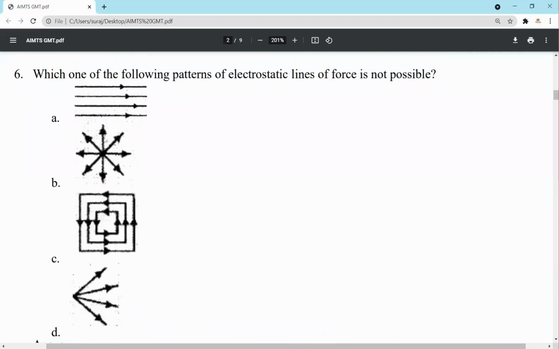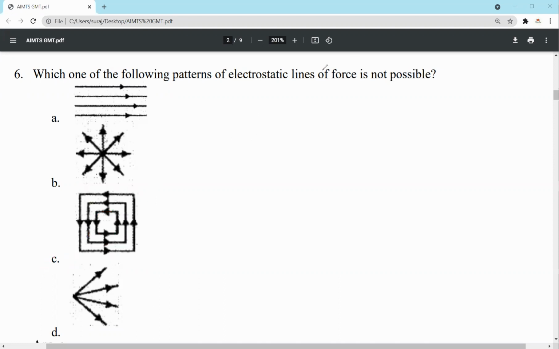See, electric field lines won't coincide, right? Here, the electric field lines are forming a closed loop. Electric field lines won't form a closed loop, whereas magnetic field lines form a closed loop. So option C is not possible. So option C is correct.